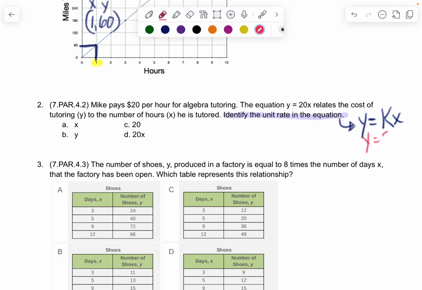Y equals 20X, and I'm looking for the unit rate in the equation. I know that unit rate is K. So if I highlight that K and that 20, I can see that the unit rate there is 20.